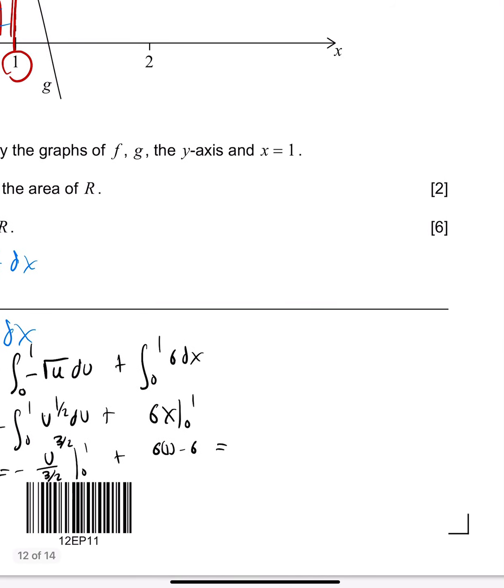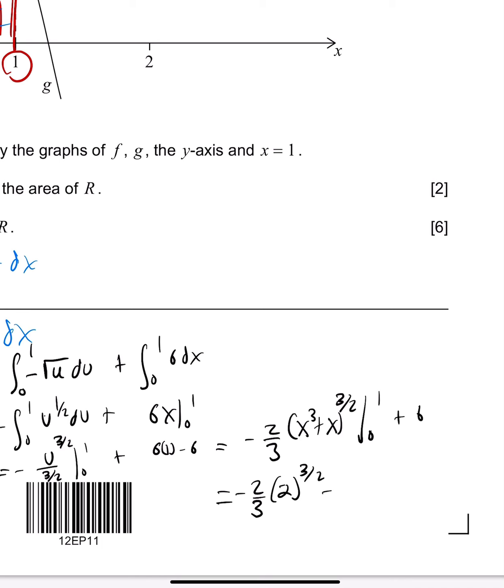So now we have minus 2/3 x cubed plus x to the 3/2 from 0 to 1 plus 6. Well, at 1, this will equal minus 2/3 times 2 to the 3/2 minus, well, when I replace the x's with 0, it'll be 0 to whatever.